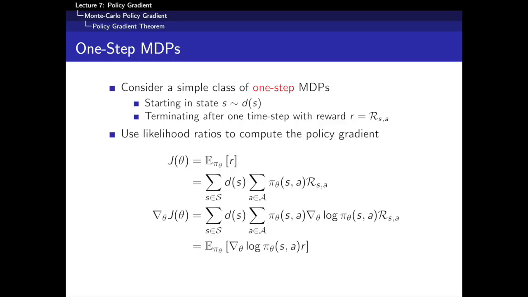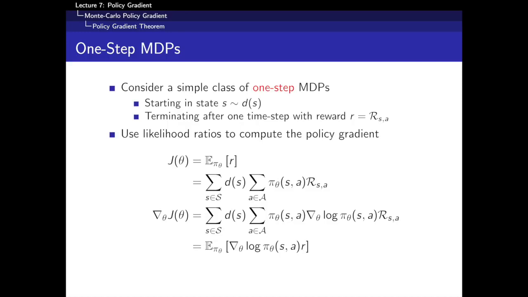Basically, the only term which depends on theta is our policy. So we can push the gradient right in to just this term here, and expand that using our likelihood ratio trick. The gradient becomes the policy multiplied by the gradient of the log policy multiplied by the reward that you get. And so this is, again, now an expectation.